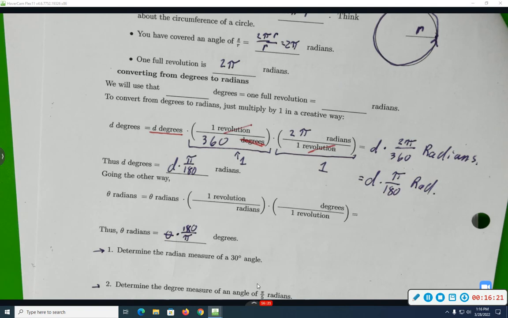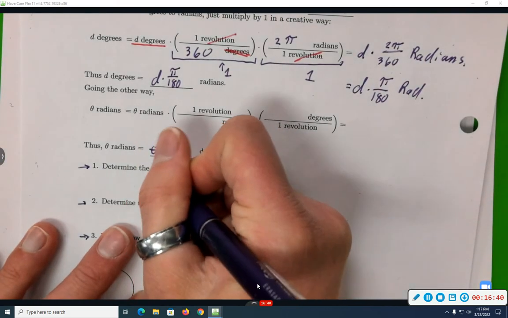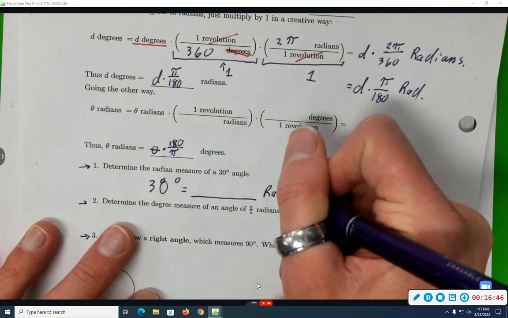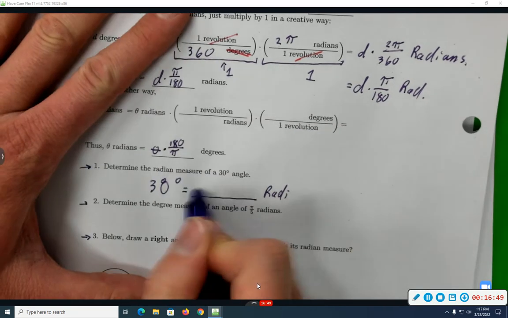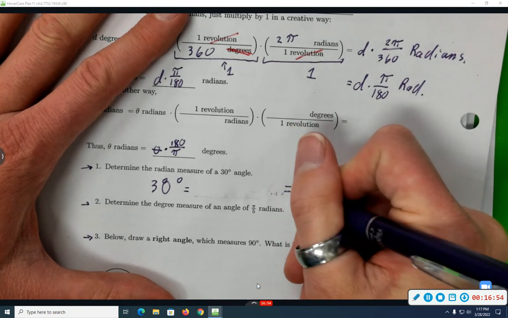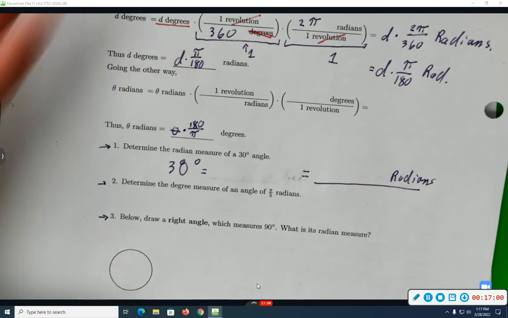I'll follow my thing with these examples. I can talk or you can just do it and we can come together. Should I talk? Okay. I'll wait a minute. You'll tell me how many radians 30 degrees is.